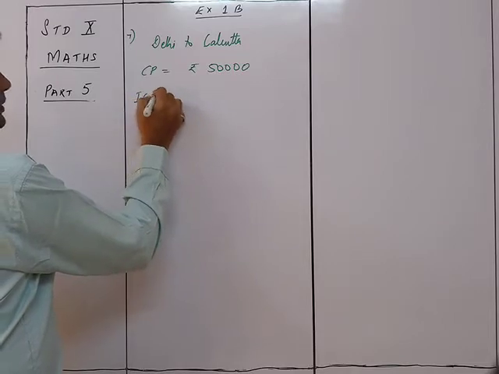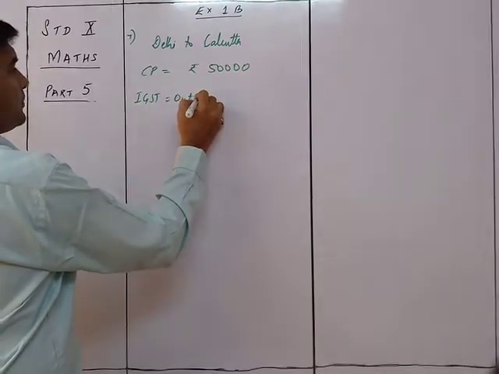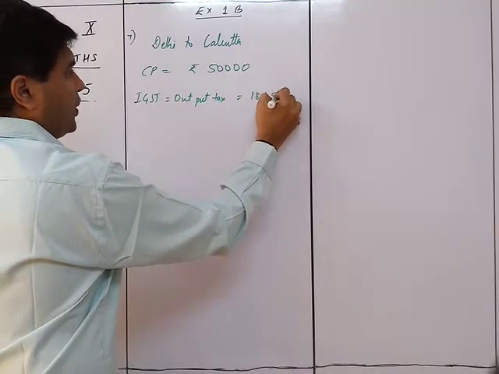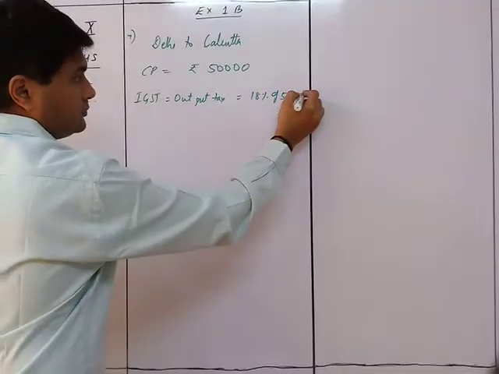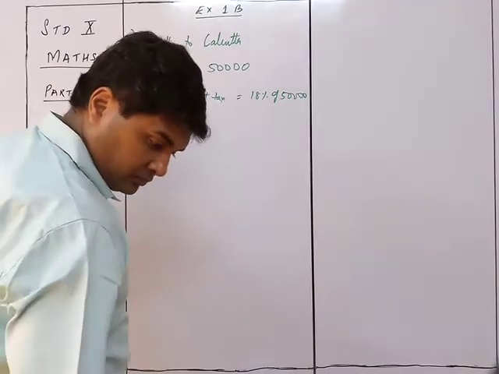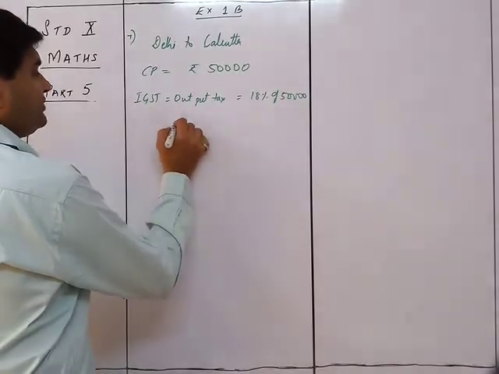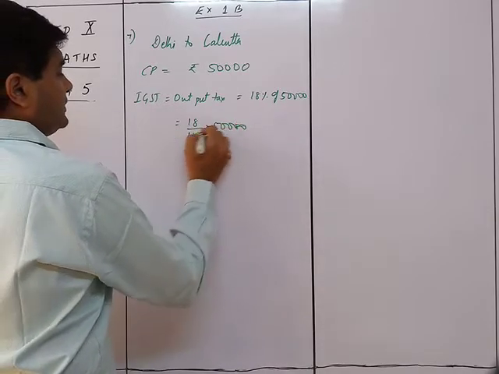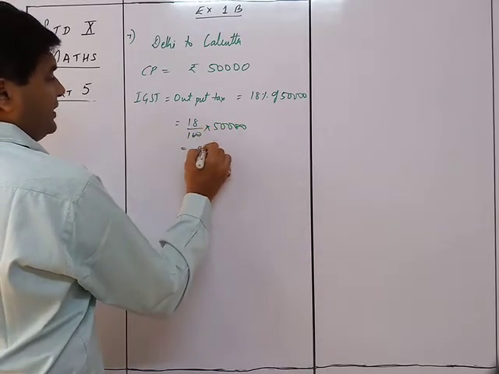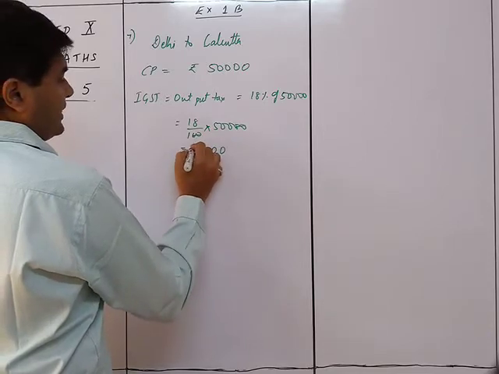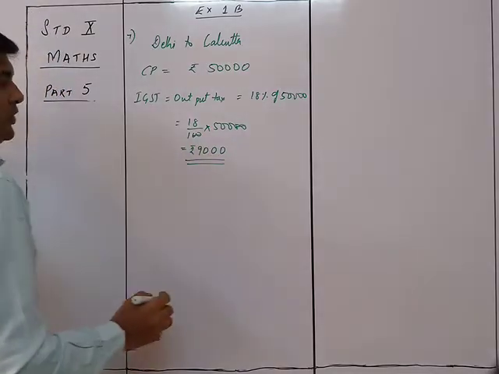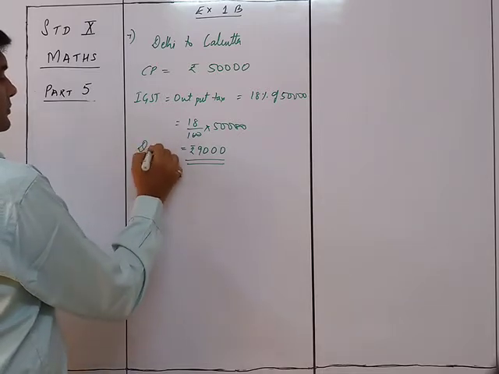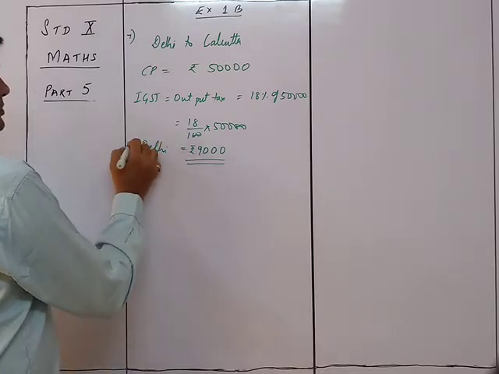IGST is equal to output tax, which is 18% of 50,000. So it is 18 upon 100 into 50,000. That will give me 9,000. 9,000 will be the output tax for Delhi. That is the first part.